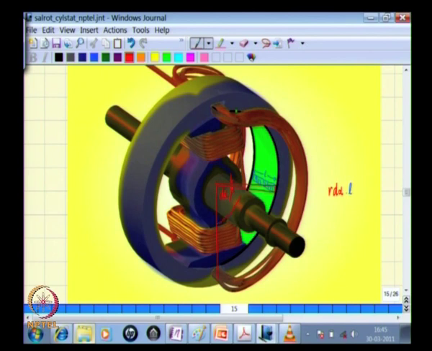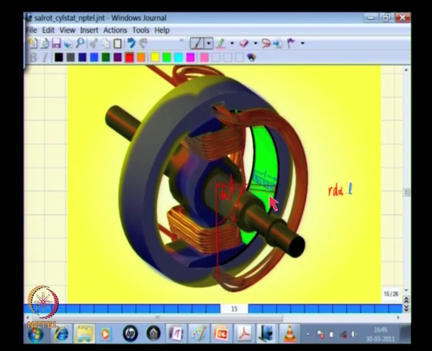At an angle alpha you consider an elemental movement of d alpha that subtends an arc equal to r d alpha, where r is the radius of the inner surface of the stator, and along the stator you get a length L. So, this is the area r d alpha L.